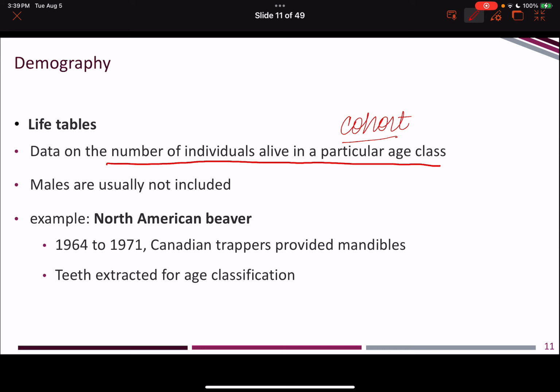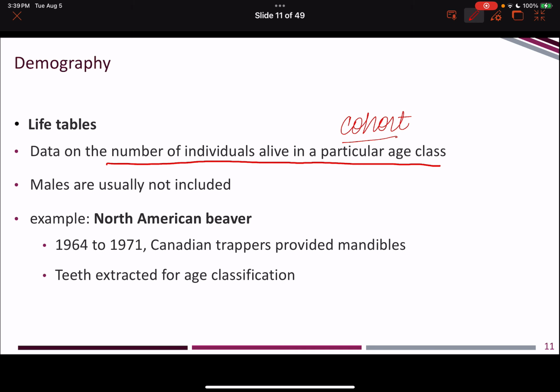And wildlife managers used those to determine characteristics of these beavers. Now, mandibles tell you a lot about an organism because they contain the teeth, so they're going to contain the lower teeth for these beavers. And teeth can tell you about their age. They can tell you a lot about their diet, and they can also tell if the animal is healthy.